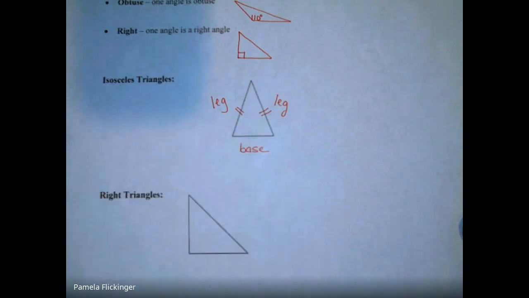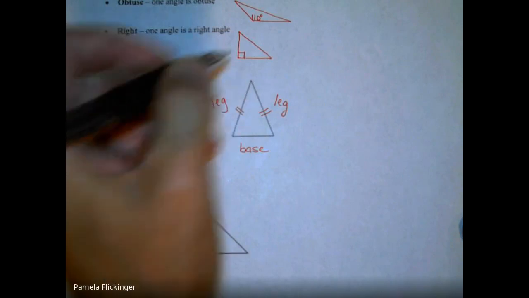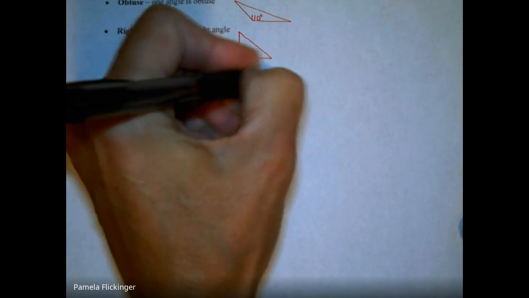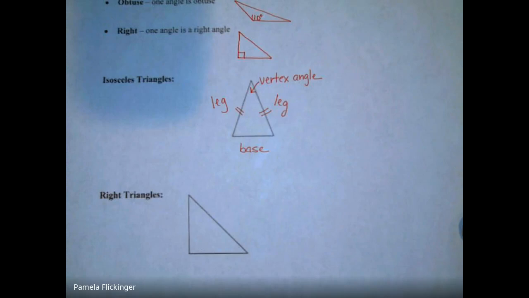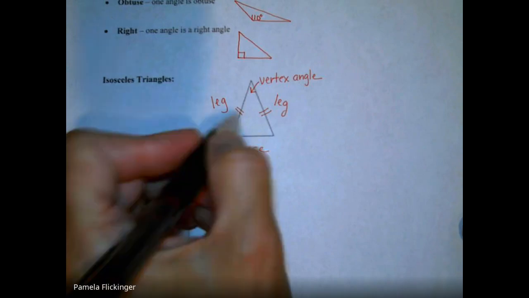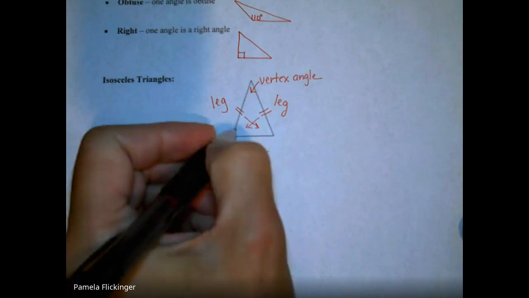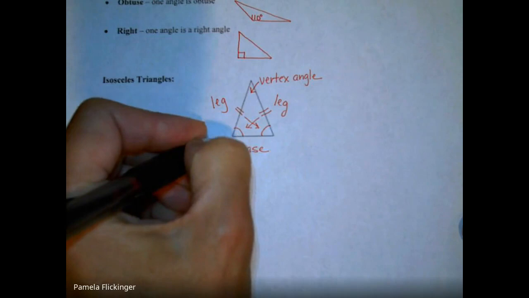Now, across from the base, this one angle up here, that's known as the vertex angle. The two angles across from your legs are called base angles.